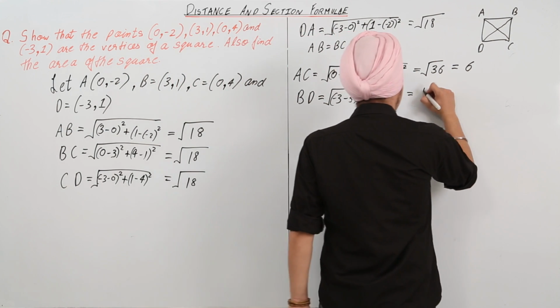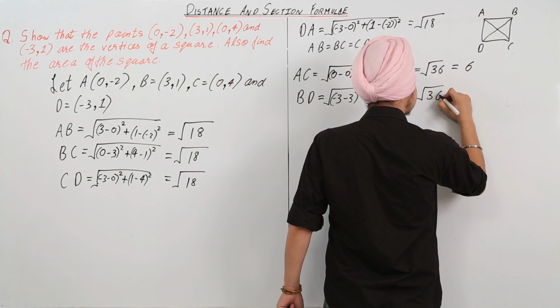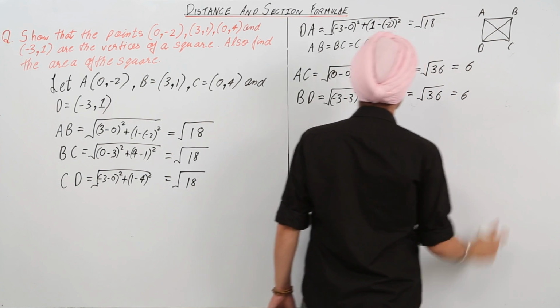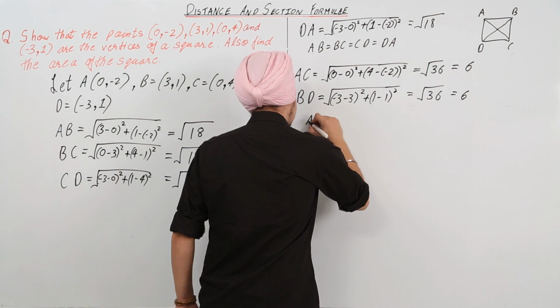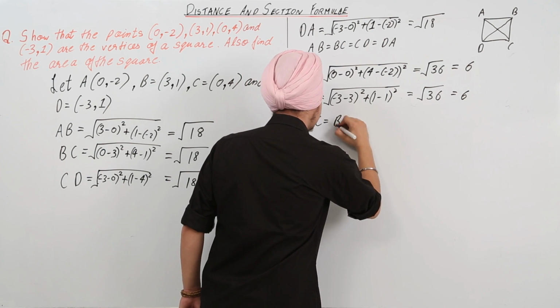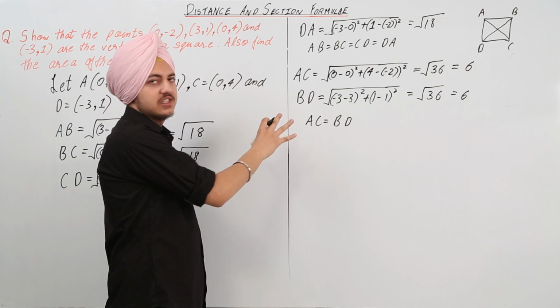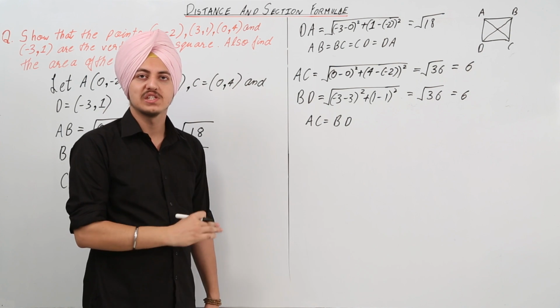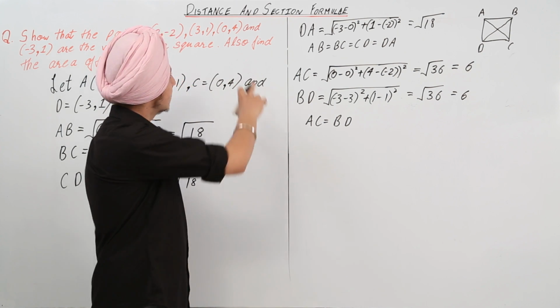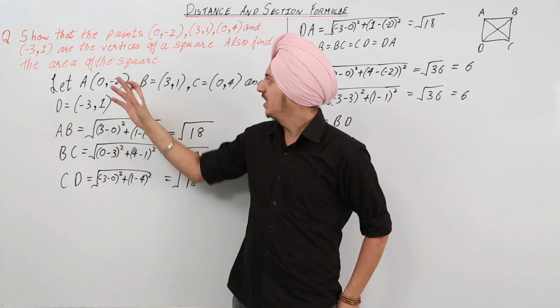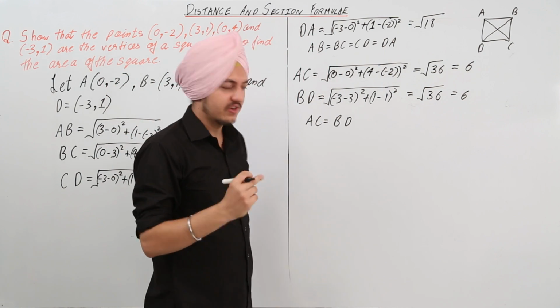So this is equal to the square root of 36 again, that is equal to 6. Now we have proven that AC is equal to BD. Now if all the four sides of the square are equal and also its diagonals are equal, hence these 4 points are the vertices of a square.